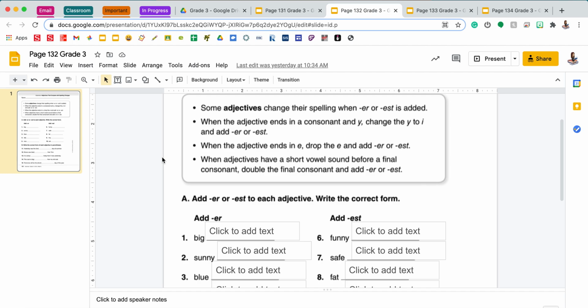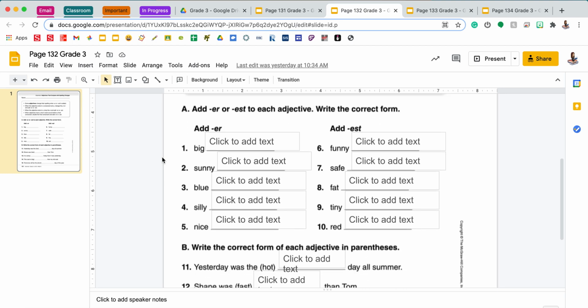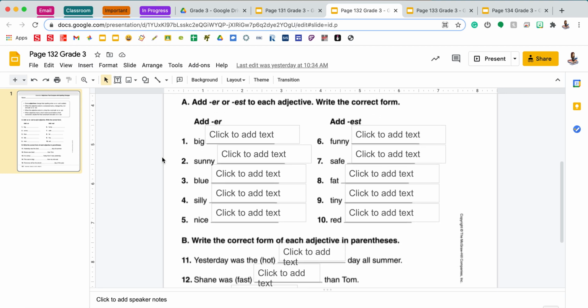When an adjective ends in an E, we drop the E and then add ER or EST. And when an adjective has a short vowel sound before the final consonant, we double the final consonant and add ER or EST. Let's do 3 of these in part A together.